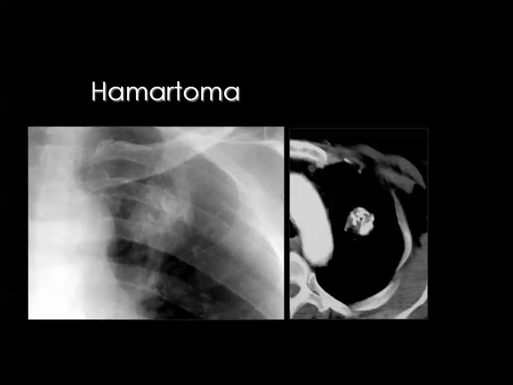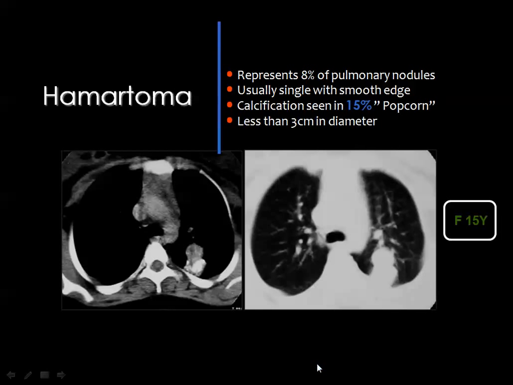But if it is located in the lung bases, we say that this is hamartoma. But in the pediatric age group, you can easily separate between tuberculoma and hamartoma based on the fact that tuberculomas are usually associated with mediastinal lymphadenopathy in the pediatric patient, forming the well-known TB primary complex.